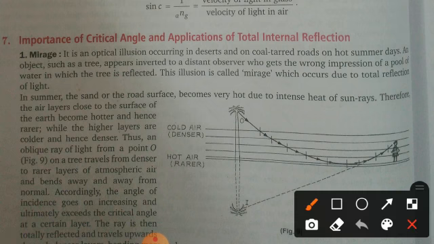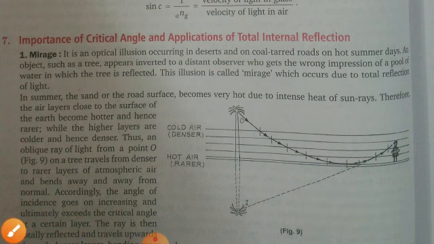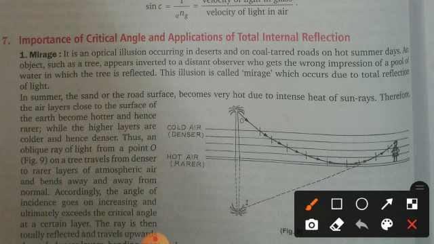Now, what is a mirage? An object such as a tree appears inverted to a distant observer, who gets the wrong impression of a pool of water in which the tree is reflected. You can see here an observer seeing an inverted image of the tree. This illusion, the mirage, happens due to the total internal reflection of light.